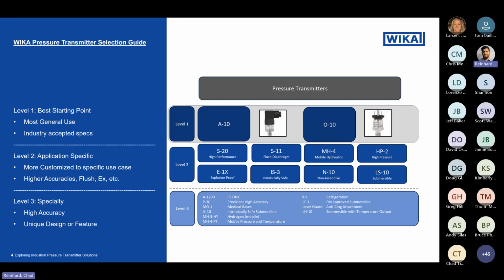Level 2, hopping down. If the A10 is the very most common industrial sensor, the S20 is its big brother. Just think of the S20 as a higher performing A10. You do get that step up in performance. There are 3 selectable accuracy classes for the S20, going down to 1/8 percent.